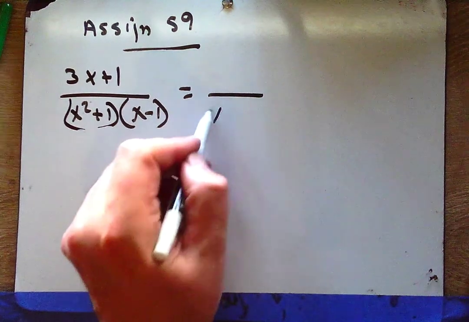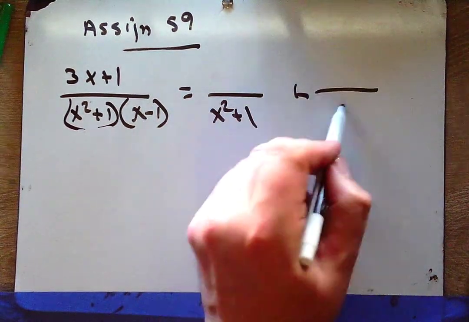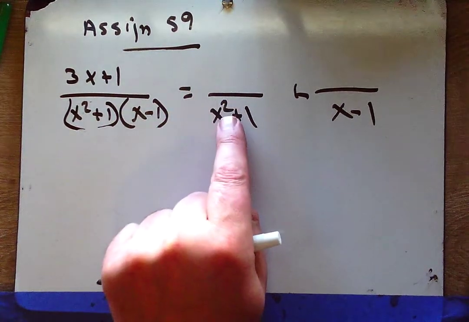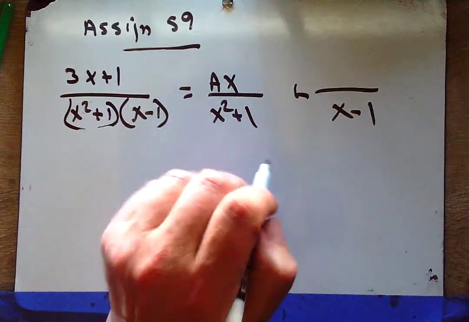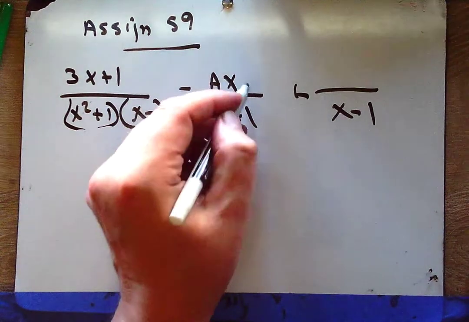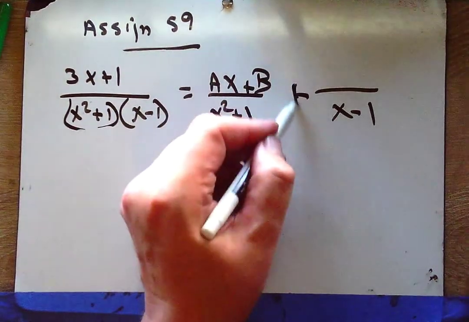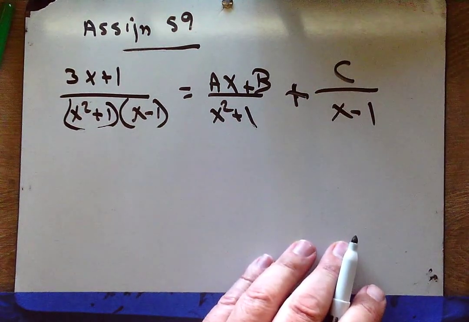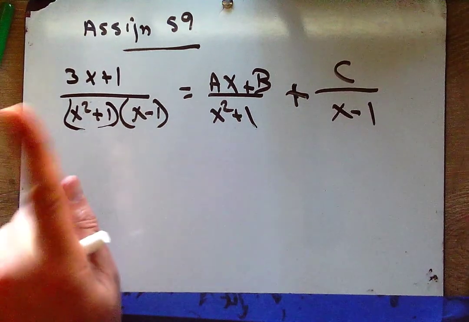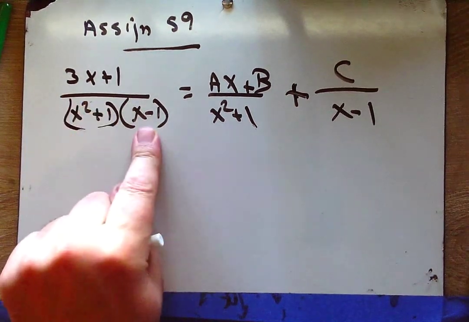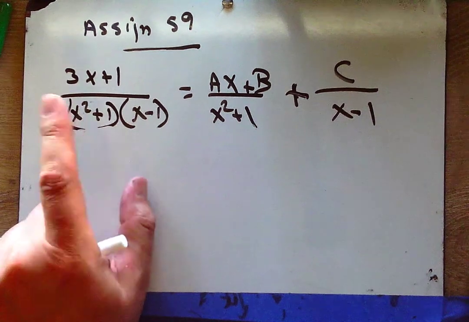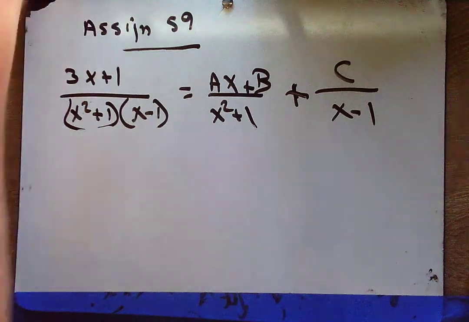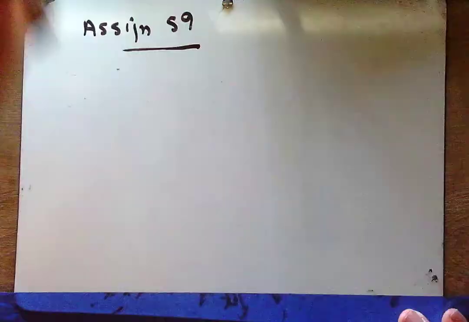Okay, so we've got x squared plus 1 and x minus 1. Remember, this needs to be 1 degree less than that. So Ax, and not all lines pass through the origin. So I need that B value. And then over here, because I have something linear, I'm just going to have a C. This is case 3. This is case 1. Non-repeated, irreducible quadratic. Can't factor that unless I bring in imaginary numbers, and no imaginary numbers for us.